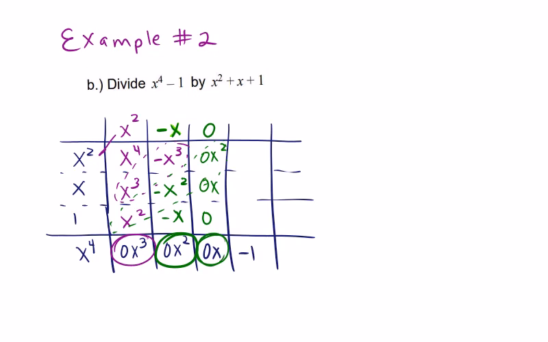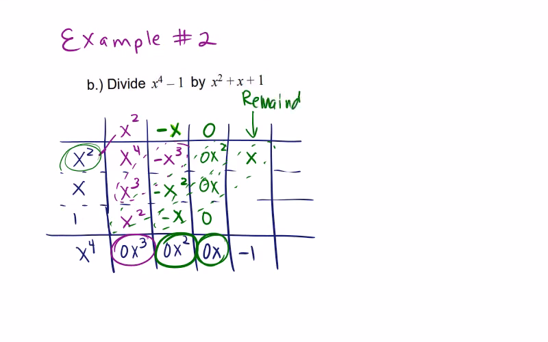Now we need 0x again. To get 0x, we're going to have a positive x, to make positive x and negative x get us 0x. But what do we multiply x squared by to get x? We can't multiply it by anything. So this becomes part of our remainder.